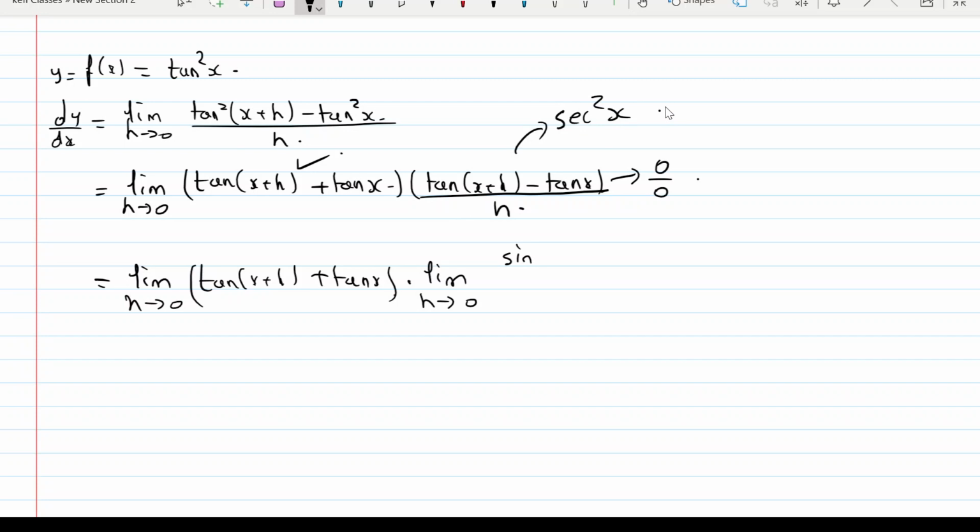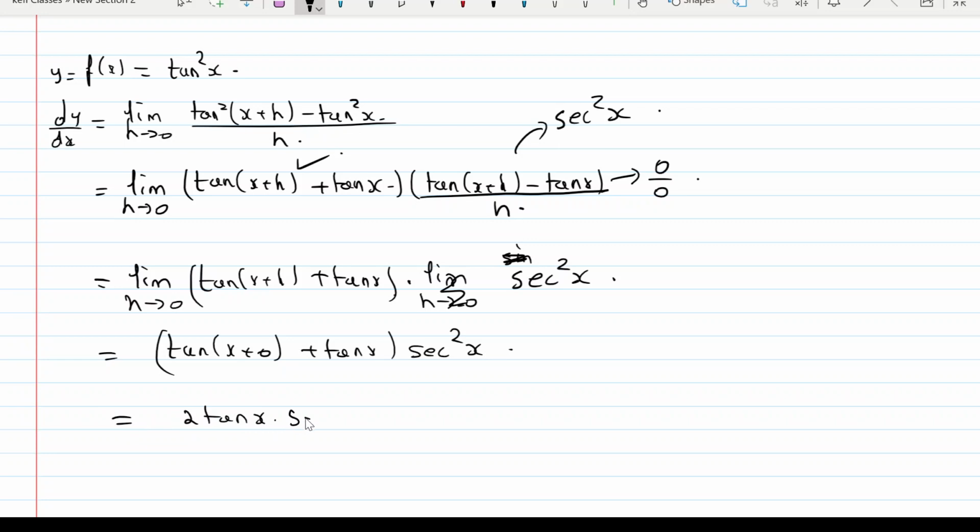So that will give you sec square x. The same method applies, sin of x plus h upon cos x plus h. So you pick up from there. So this answer is going to be sec square x. What remains is this term. This is going to be tan of x plus 0 plus tan x and into sec square x. Okay, so this is equal to 2 tan x into sec square x.